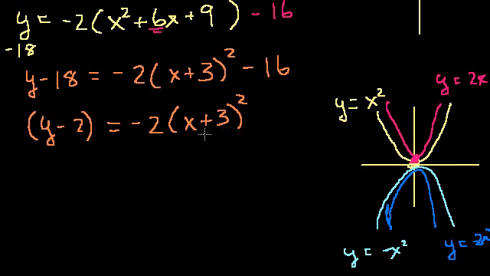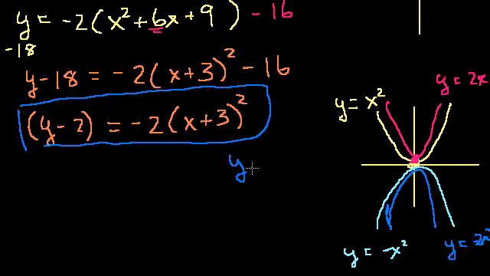Now this equation that we ended up with right here is the same thing as y is equal to minus 2x squared. It has the same general shape, but instead of its vertex or its center or its kind of starting point, or whatever you want to call it, being at the origin, it's shifted now. You say, what y value makes this term 0? Well, it's y is equal to 2. In this case, what y value makes this 0?